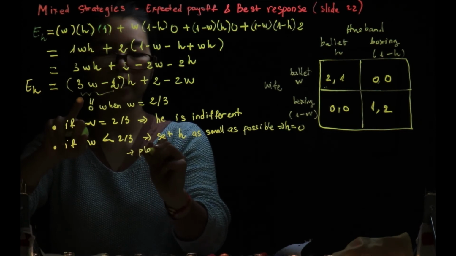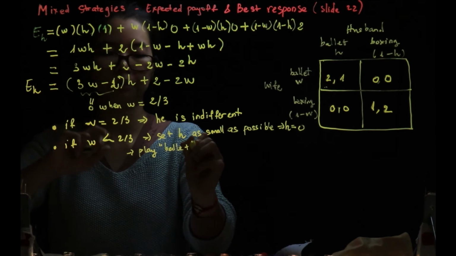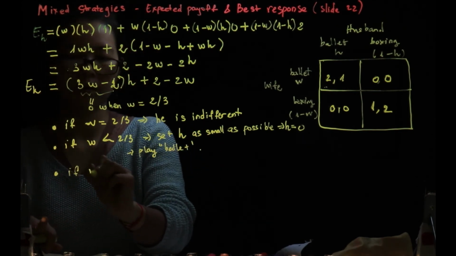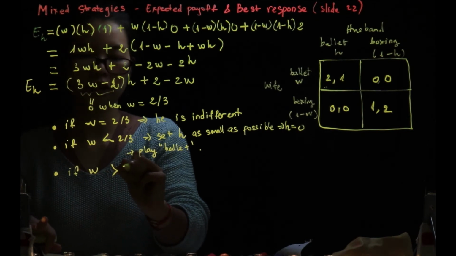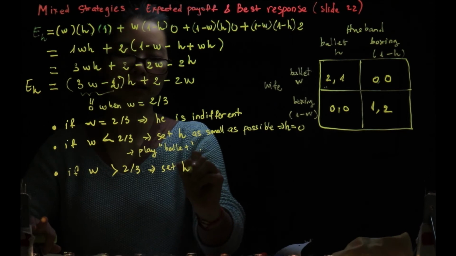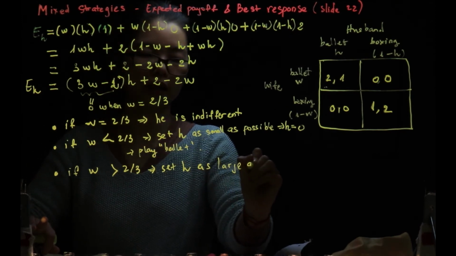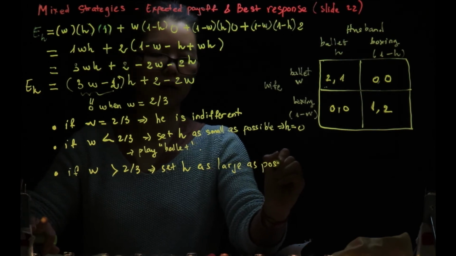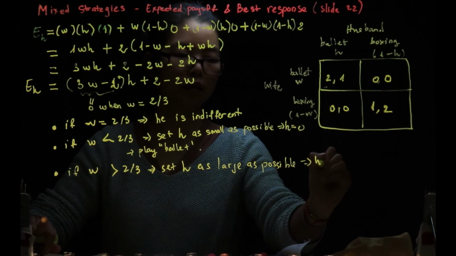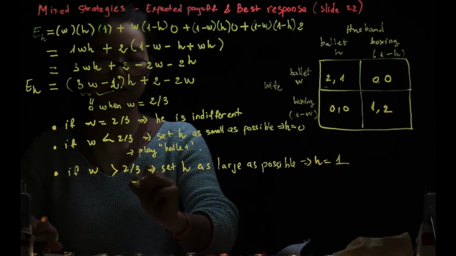So play ballot. On the other hand, if W is larger than 2/3, then he should set H as large as possible, meaning set it to 1, the upper bound.